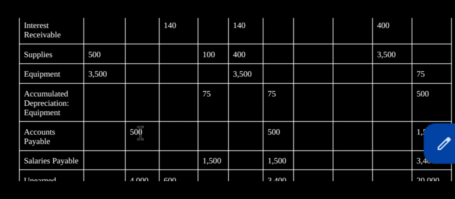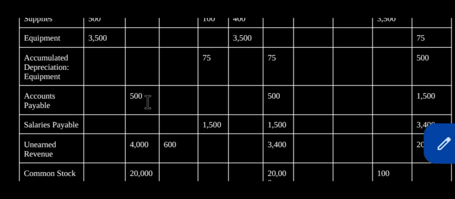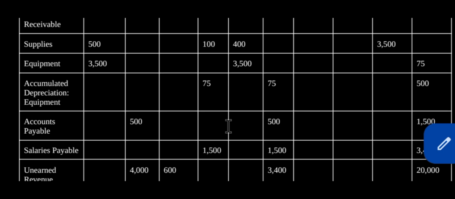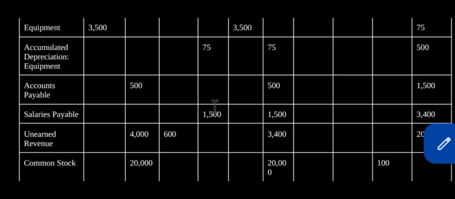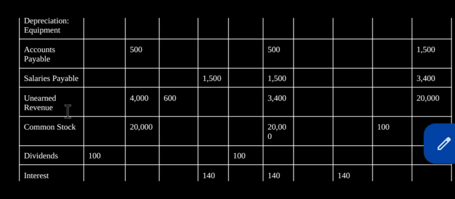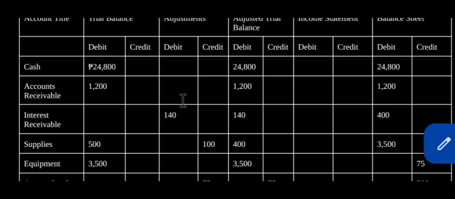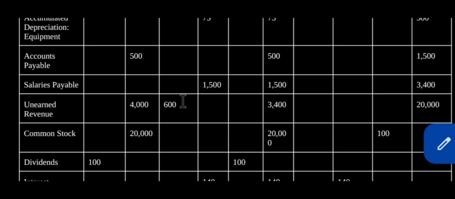Accounts payable 500, copy paste it. For the salaries payable, we have an adjustment of 1,500 on the credit side. Copy paste it on the same side, 1,500. Unearned revenue, we have 4,000, and we have an adjustment here, which is 600.